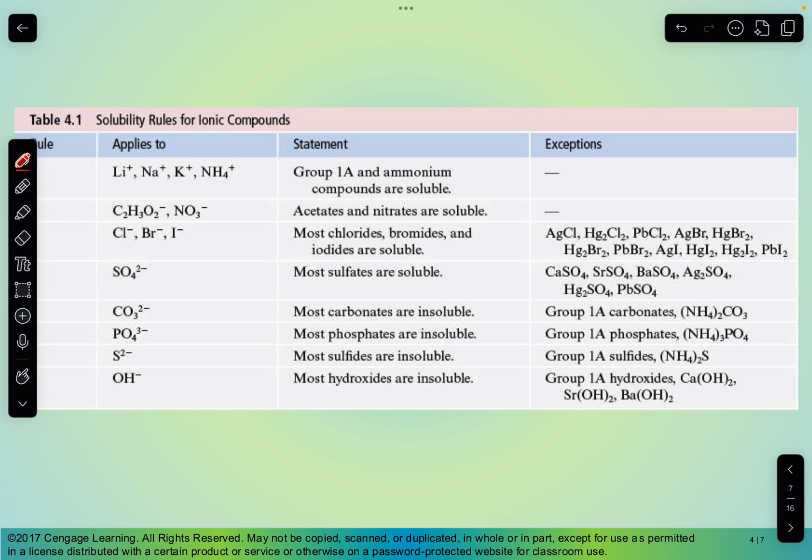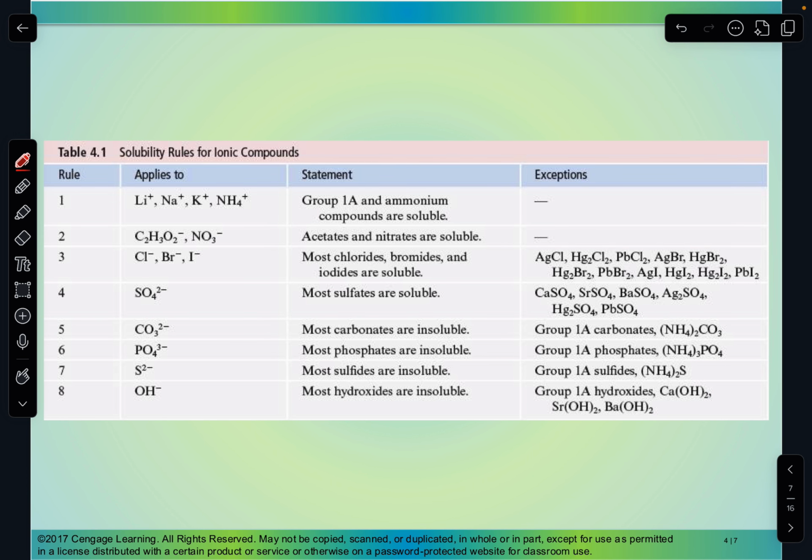Okay, so this is going to be more of a lot of information all at once, but we're going to go through each of the different things here. This is technically the rule system that the book would like you to use, and so I'll just give you a second to take a look at it and see what you can make of it. Okay, so let's go through each of these.